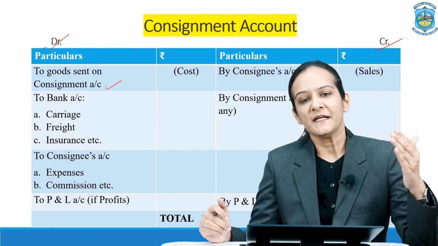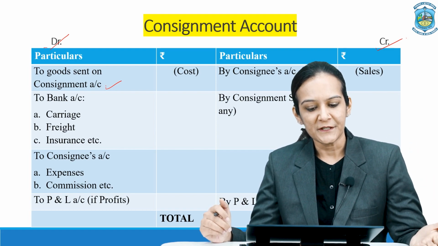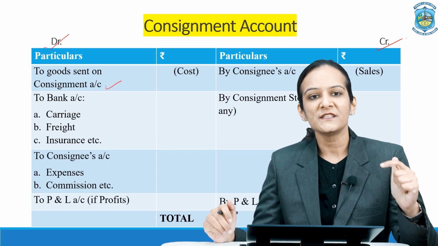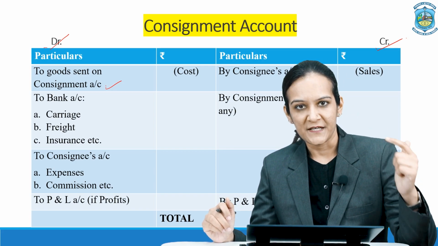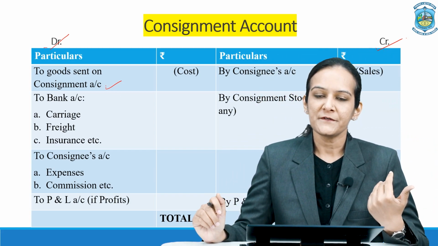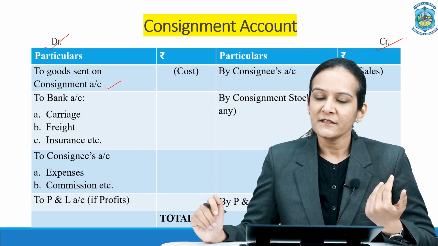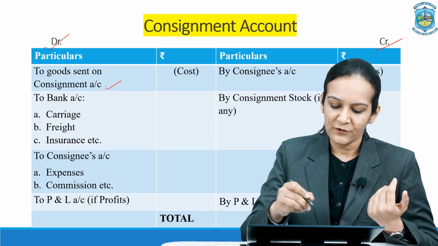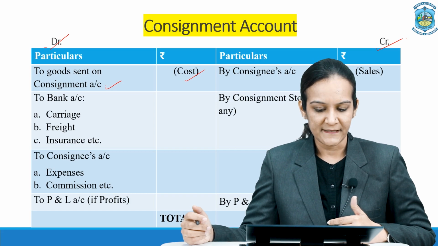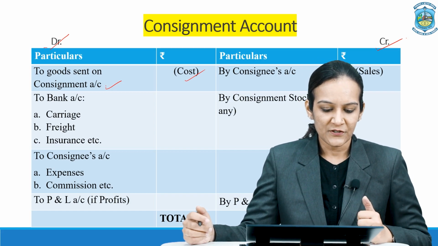Whatever account is credited in your journal will be debited here in your ledger. So goods sent on consignment account was credited there, and here it will come at the debit side. And remember, we are recording the goods at the cost price. Therefore, the cost price of the goods is recorded.